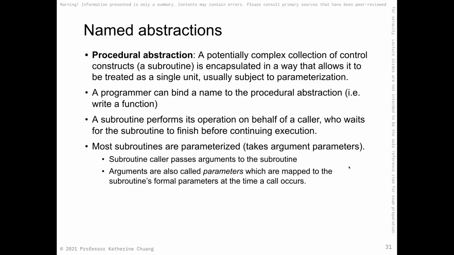So let's see. I mentioned that you can associate a name with the procedural abstraction. So, that's basically the technique behind writing a function. So the fancy words is to say a programmer can bind a name to the procedural abstraction. And that procedural abstraction is the subroutine. Most subroutines are parameterized, and this is a fancy word to say it takes argument parameters. It takes input.